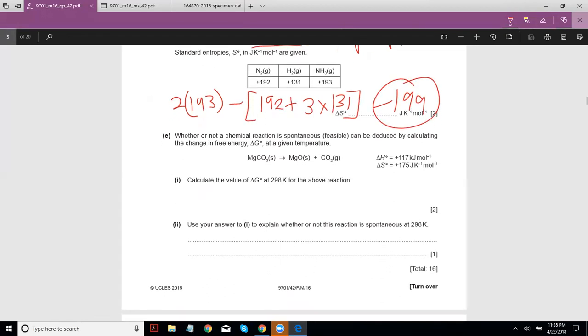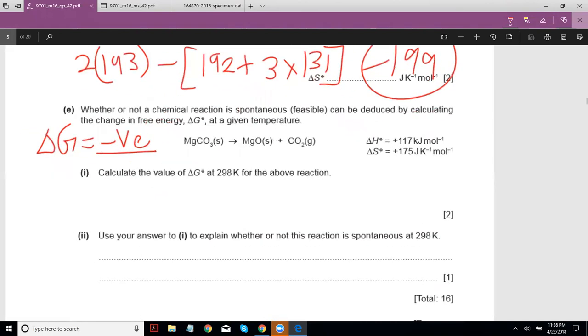Whether or not a chemical reaction is spontaneous, is feasible, can be deduced by calculating delta G. If delta G is negative, then it's spontaneous at that temperature.